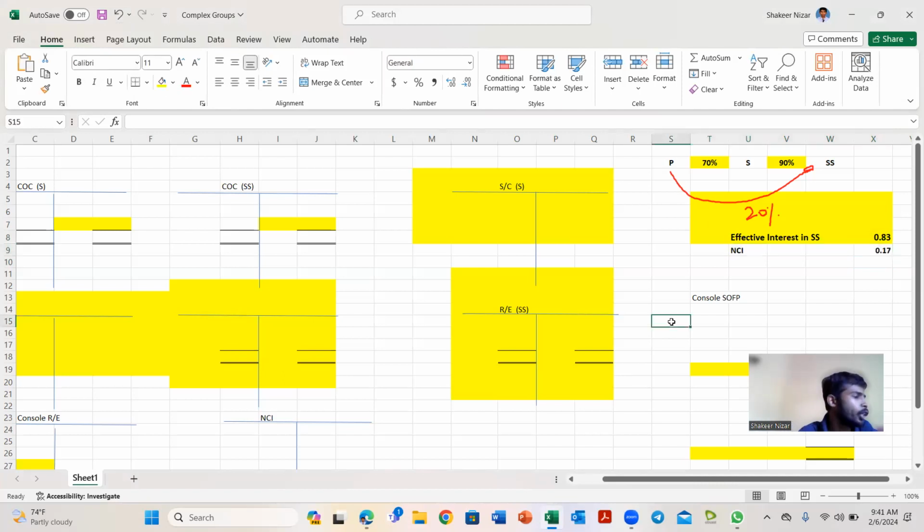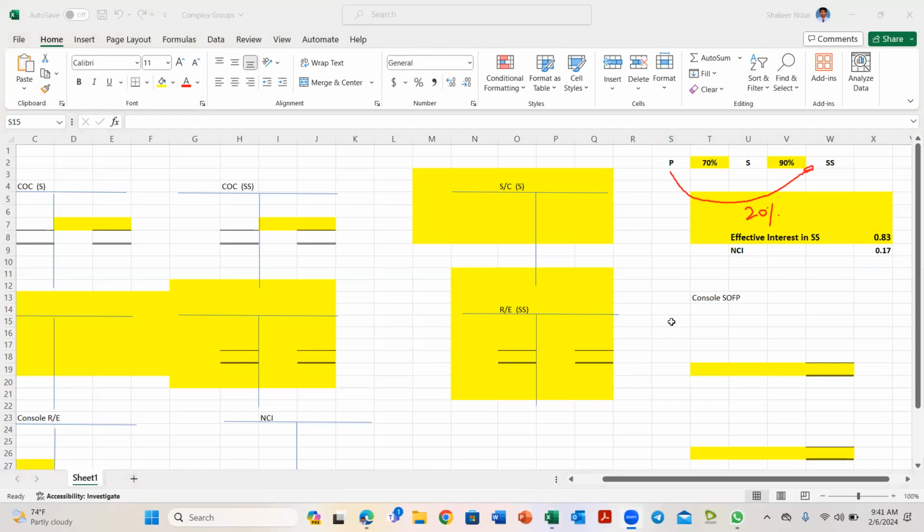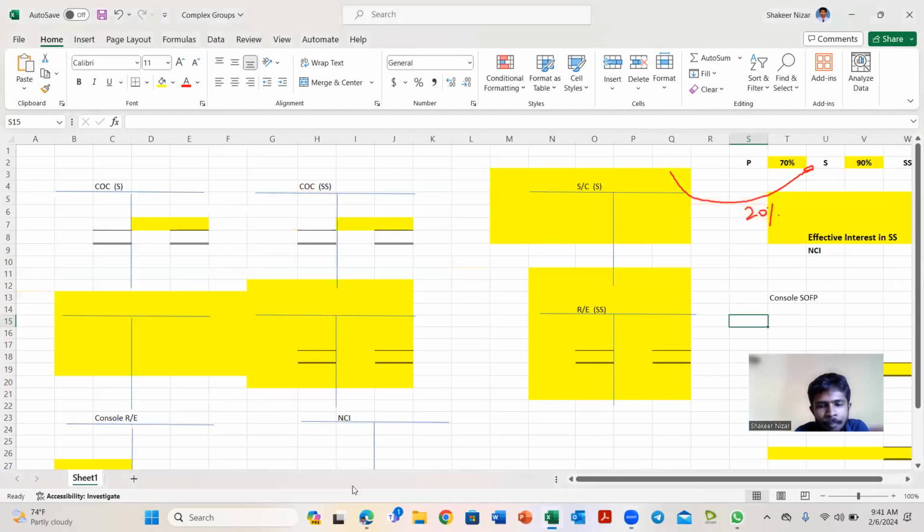Then we can start the consolidation working once we recognize the effective holdings and the NCI. So for the cost of control in S, firstly we can fill up the balances. The stated capital opening balances, the retained earnings, the cost of control in subsidiary.